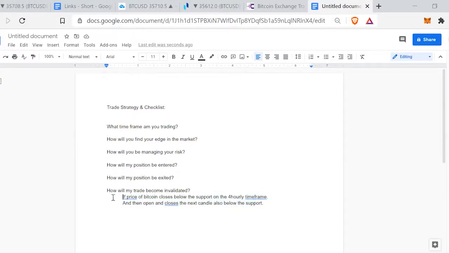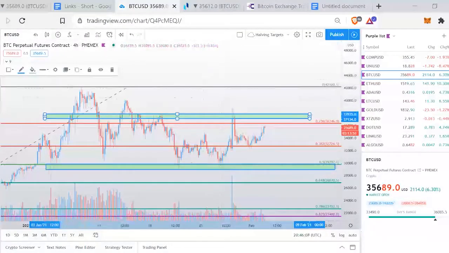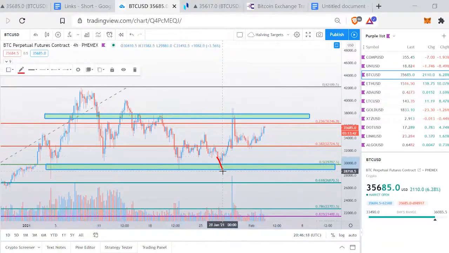Is my trade invalidated? If the price does close below the support on the 4-hourly time frame, we know that we could still potentially be in the trade if we don't close the next candle below. So what that will look like for this random strategy that we drew out here: if the price comes down, but in this candle it comes back up, then this isn't going to be invalidated.